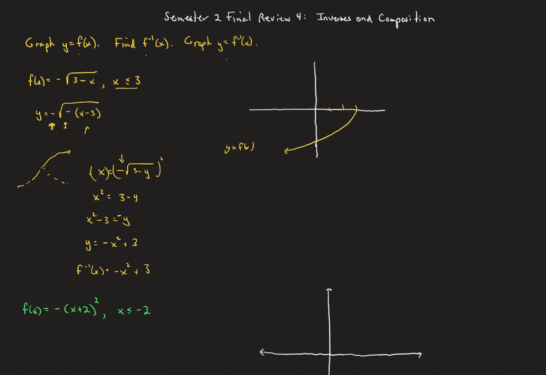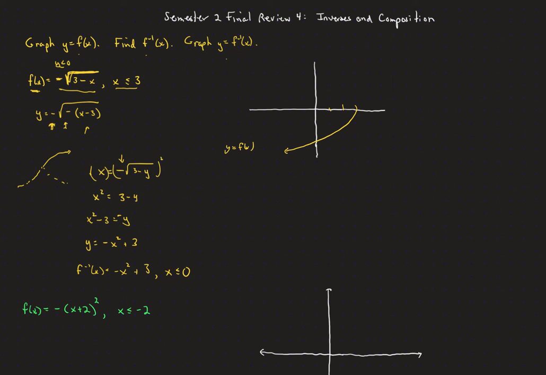Now we can reason, either from the graph or algebraically, about our restricted domain. The y values in the original are always going to be negative because the square root is a principal square root. So this negative means that y is always less than or equal to 0. So our restricted domain is x less than or equal to 0.